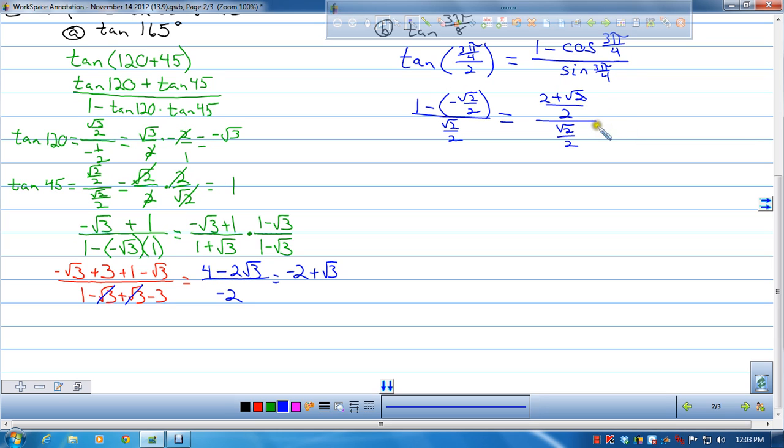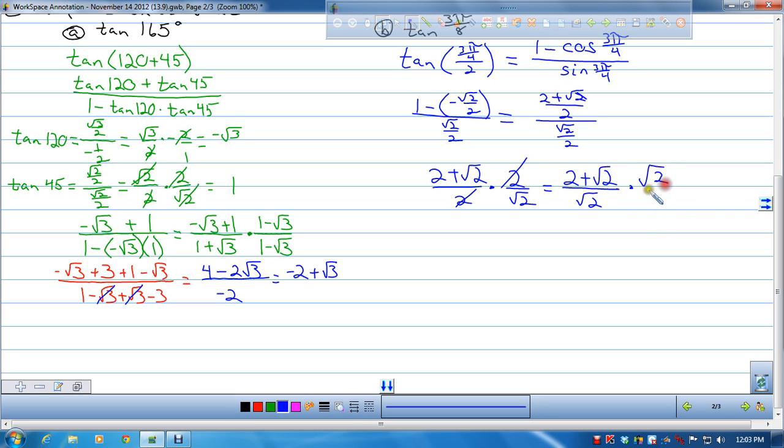So when I multiply by the reciprocal here, I'm going to have 2 plus root 2 over 2 times the reciprocal of this denominator, which would be 2 over root 2. Ends up being 2 plus root 2 over root 2, because those 2's went away, right? And multiply top and bottom by root 2.